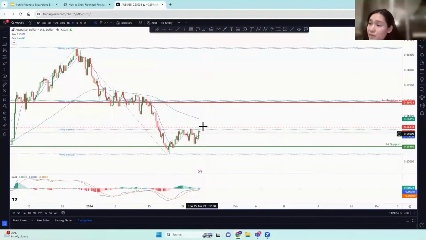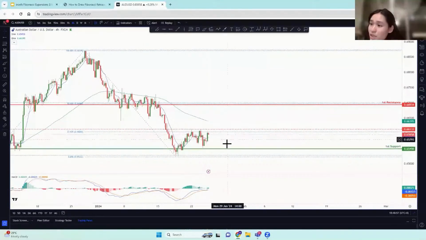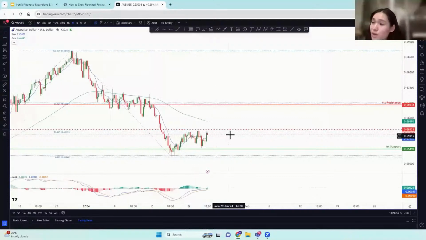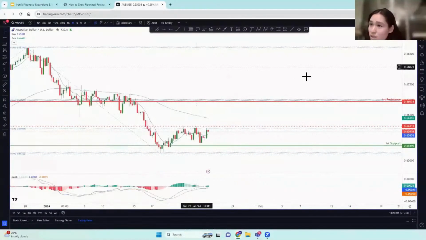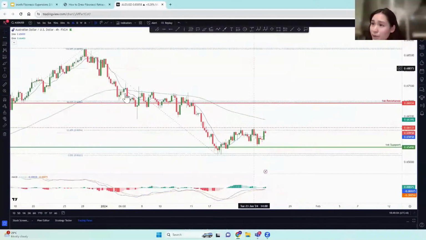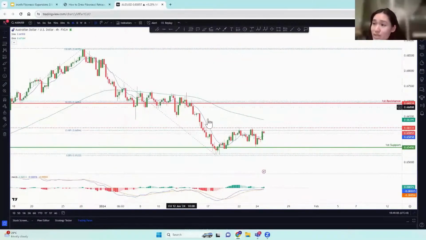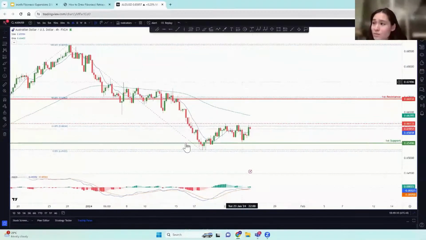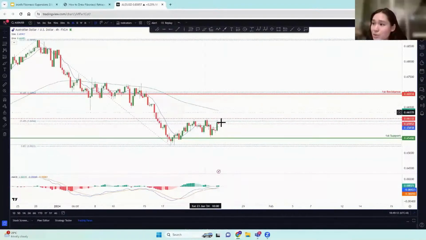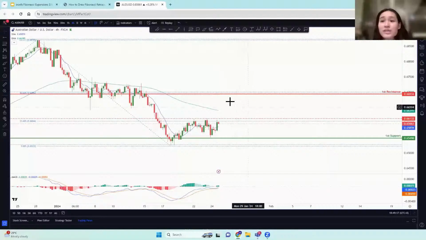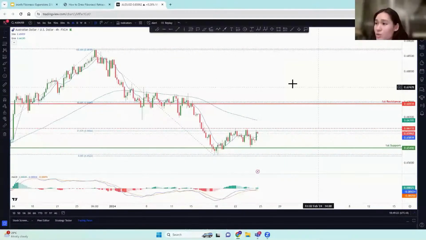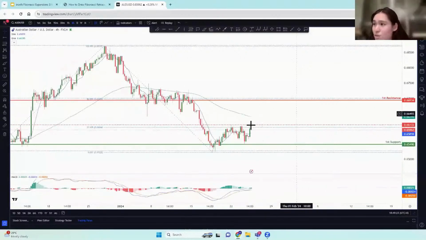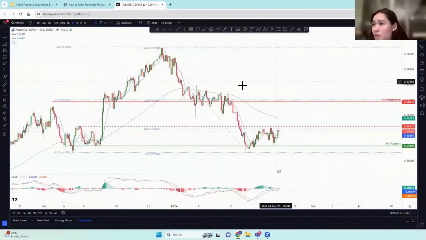Price is moving above our SMA, so in the short term it does look like price is going to move upwards, but it is moving below the EMA. You can see that price crossed over here when price started to make a downtrend. Now that it's making an uptrend, we might see this crossover. When the EMA and SMA cross over, it is a signal that the trend will change, so we might see that soon.